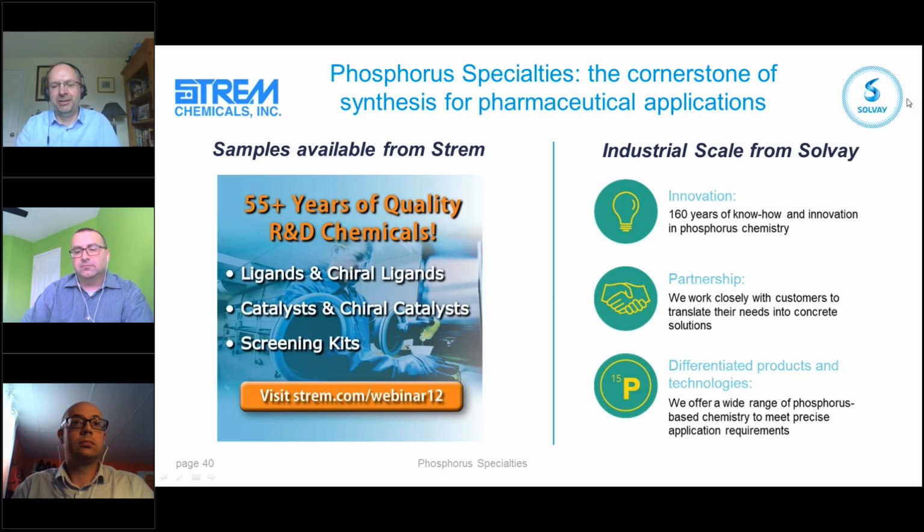There are small scale efforts around ligands supported on zeolites or silica, where you're almost heterogeneizing the homogeneous catalysis system. That's one way to make reusability, rather than recycling, of the ligand possible.